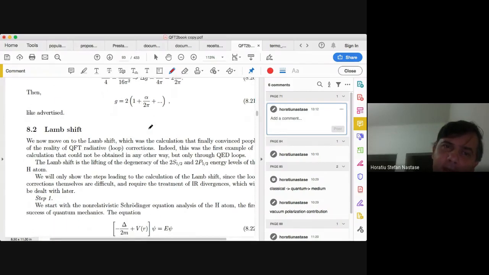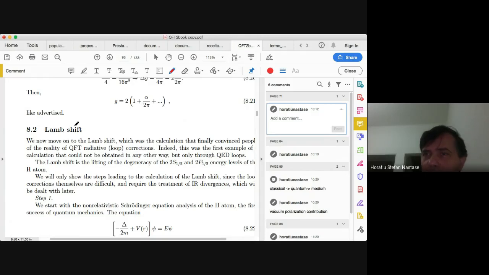And finally, the third application is the Lamb shift, which is a rather specialized calculation, but one that had historically bothered people a lot, and is the first calculation that finally convinced people that quantum field theory loops are a real thing.